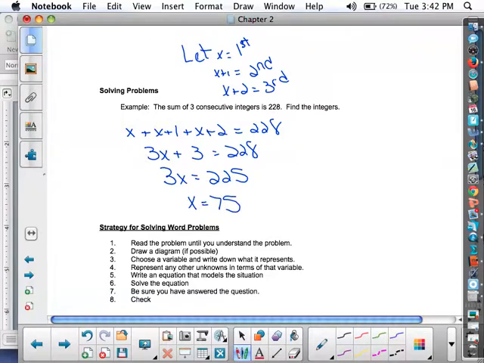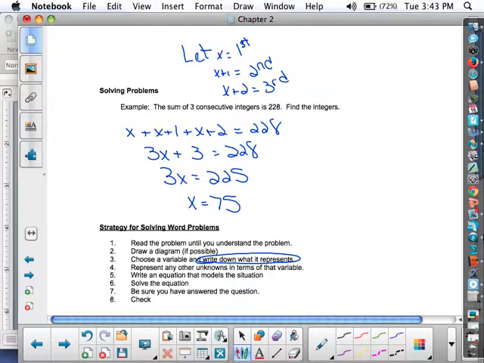So the strategy for solving word problems: you read the problem until you understand the problem, draw a diagram if you can, choose a variable, this is really important, and write down what it represents. That will help you setting up your equation, just understanding what that variable really stands for. Represent any other unknowns in terms of the variables. That means we're not introducing another variable, we're doing it all in one variable.